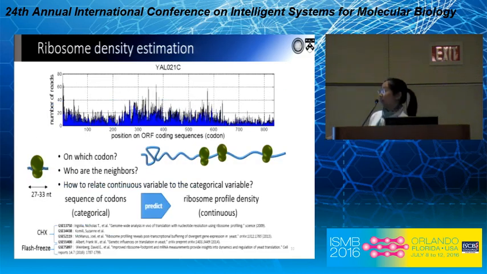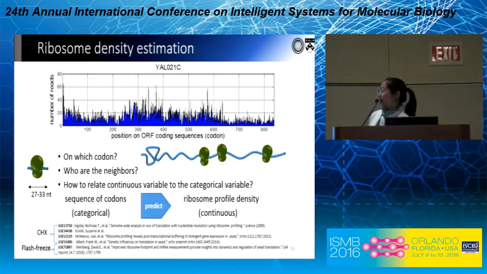Here I'm just, as an illustration, showing one of the examples in yeast, this ribosome profile. One thing to note is that it is very non-uniform. So I think it's interesting to ask on which codon these ribosomes sit, and maybe also what the neighboring codons are. Why I think this may be important? Because the ribosome occupies a space not only just one codon.